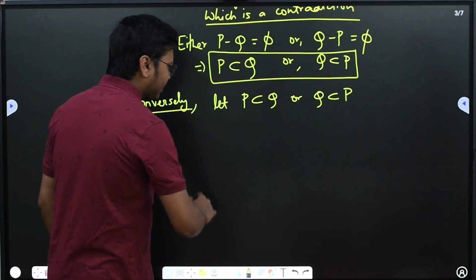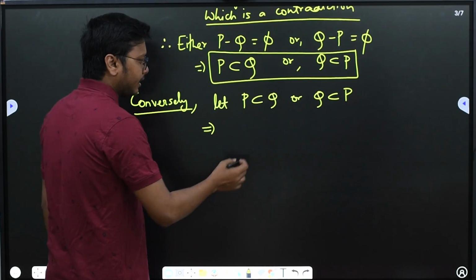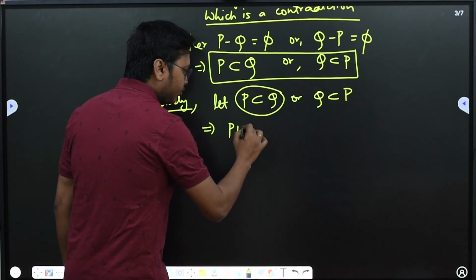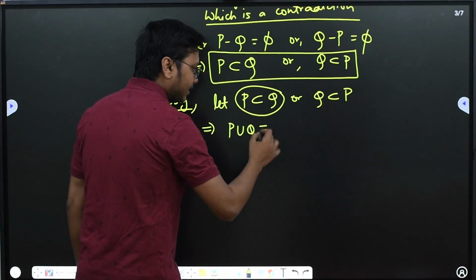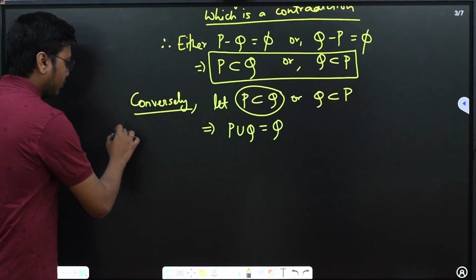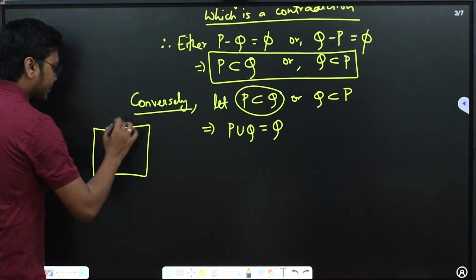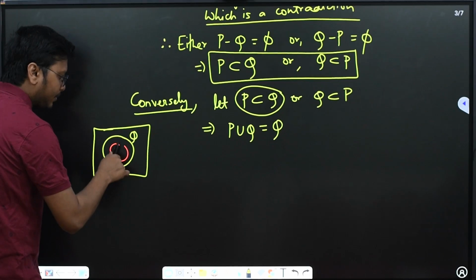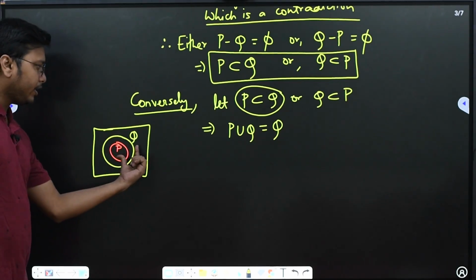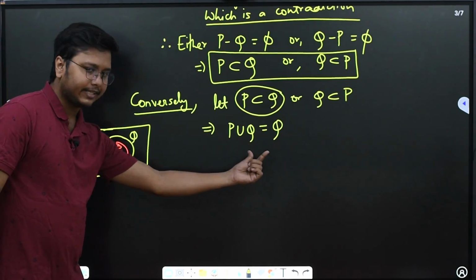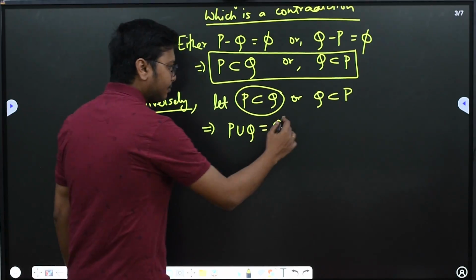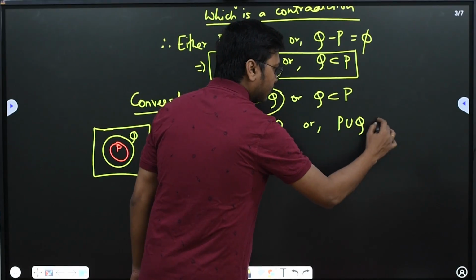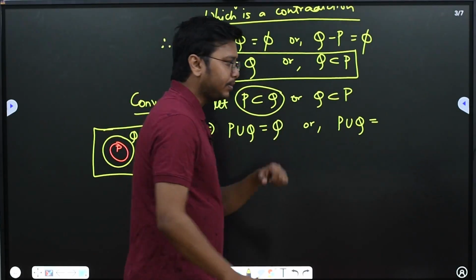Now that's very simple to show actually, because if P is a subset of Q, then P union Q would be the set Q itself, because if you look at the diagram, P subset of Q means the set Q is something like this and the set P is something like this. So P union Q will give you the larger set, which is the Q set. And similarly, if this is happening, then P union Q will be the larger set, which is the P set.